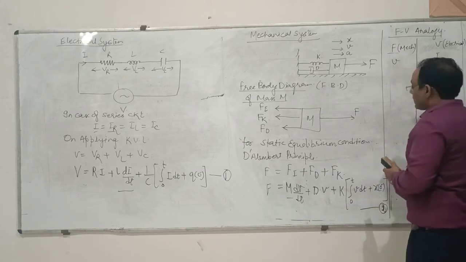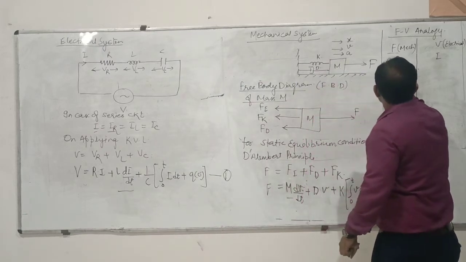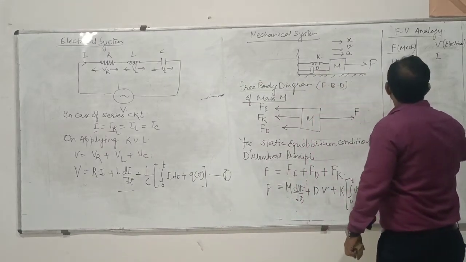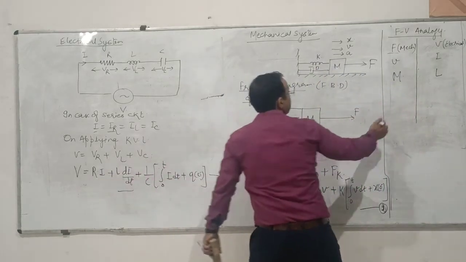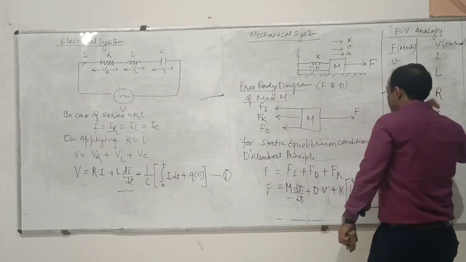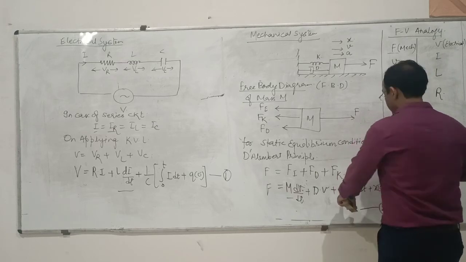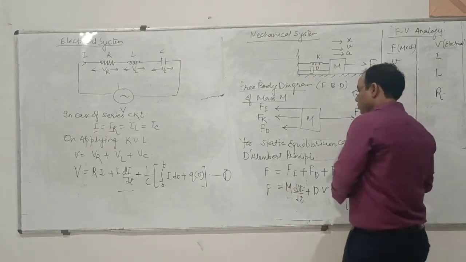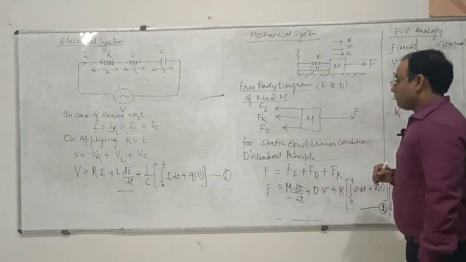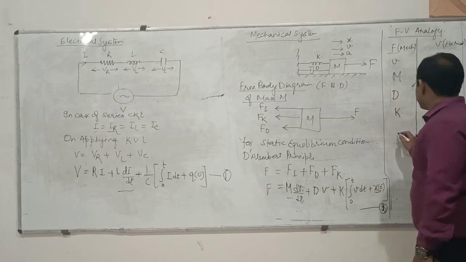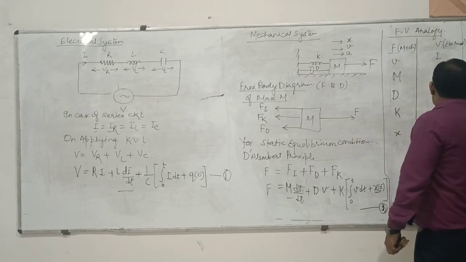Velocity is represented by current, and mass is analogous to inductor, as well as the damping coefficient D is analogous to R, and also spring constant K is analogous to 1 upon C, and also displacement in the mechanical system is analogous to charge in the case of the electrical system.